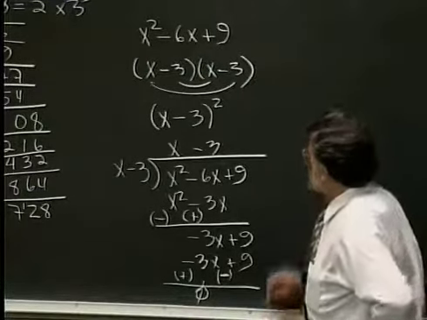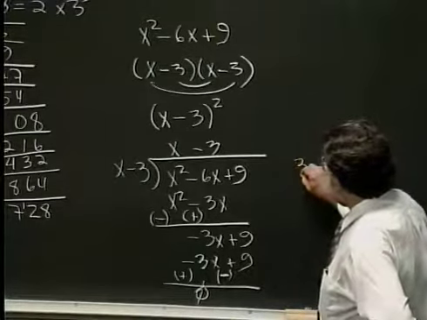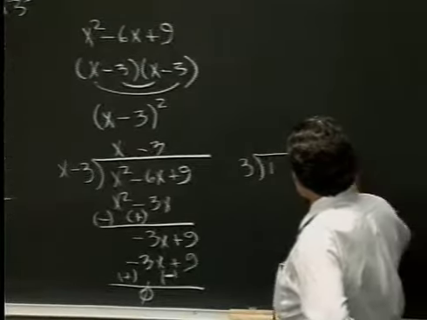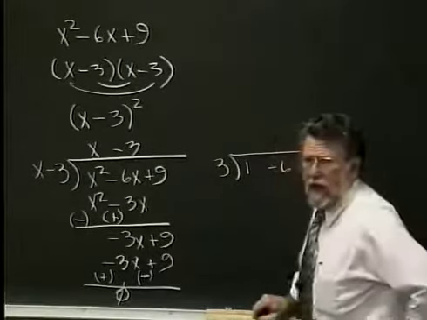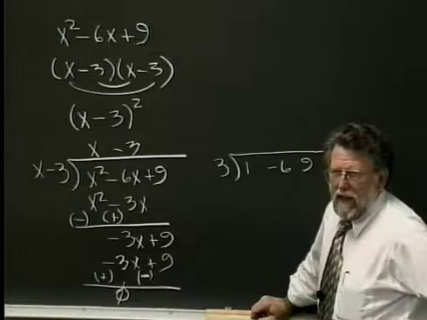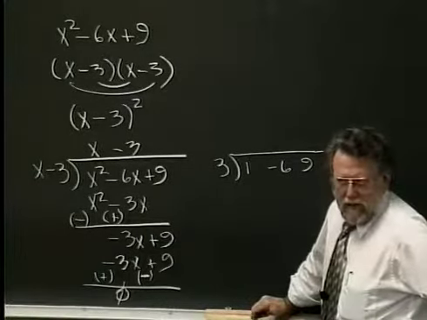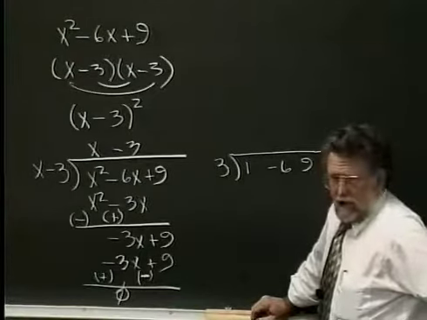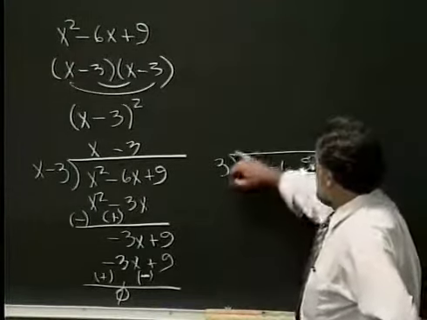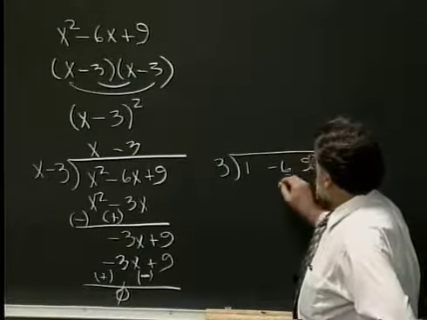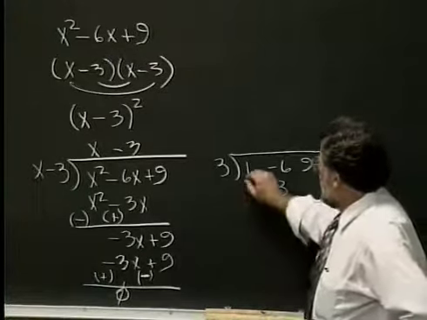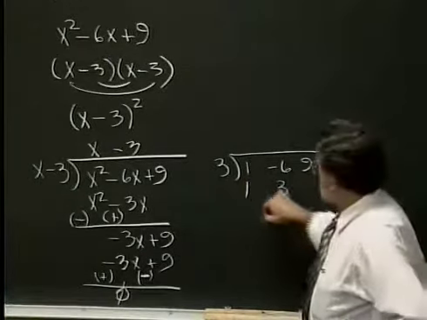And so what I would do is simply look at the 3, and I would look at the 1, the negative 6, and the 9. And that's all I'd look at. So it's synthetic in the sense that you don't see the variables. And what I would do is create a process now. Instead of putting the numbers up here, I would put a number here. So I would say I'm starting with the 1, and 1 times 3 is 3.